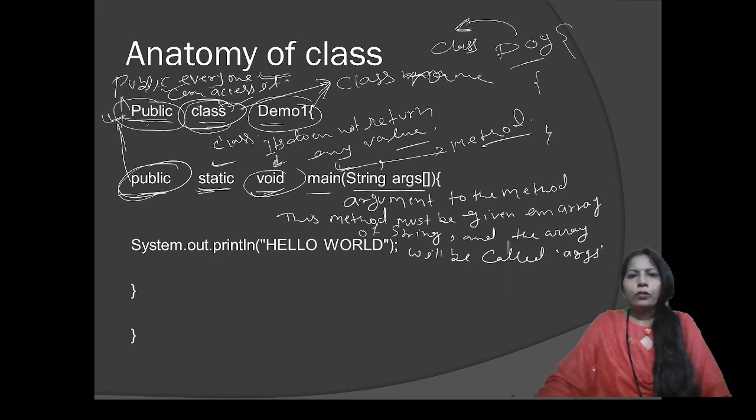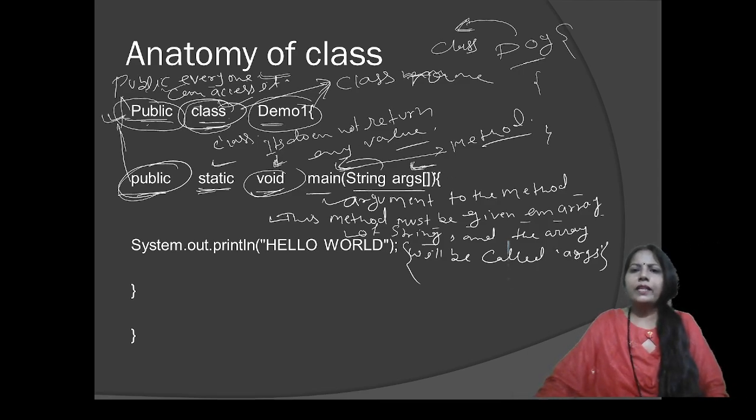It is an argument to the main method. This method must be given an array of strings, and the array will be called args. In a simple way, we can say that it is a CMD argument.